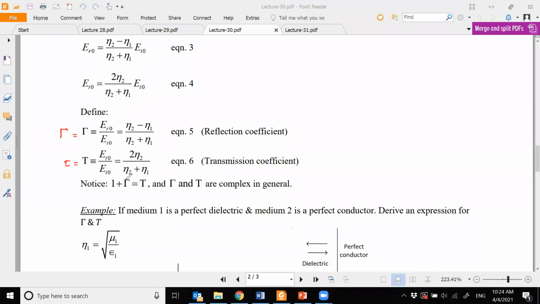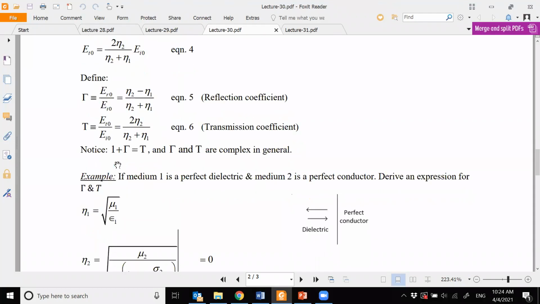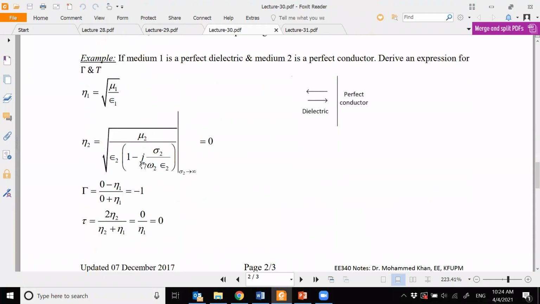They are the same. So this is how you can find the amplitudes. Now let us first talk about this example, which says that my medium 1 is a dielectric, but my medium 2 is a perfect conductor.